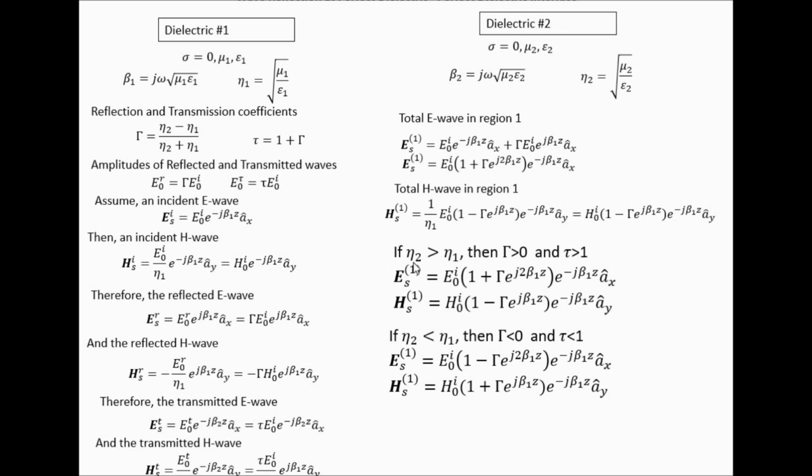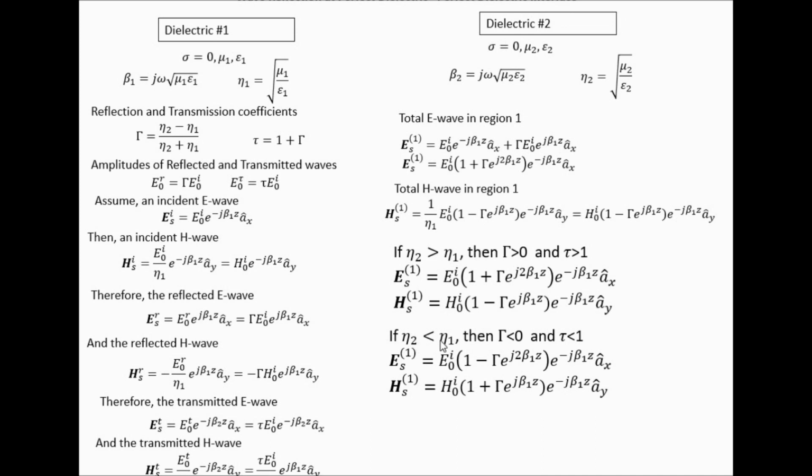So now if the impedance eta 2 is higher than eta 1, then gamma will be greater than 0 and tau is less than, sorry, greater than 1. So E will be positive here, but H will be negative.